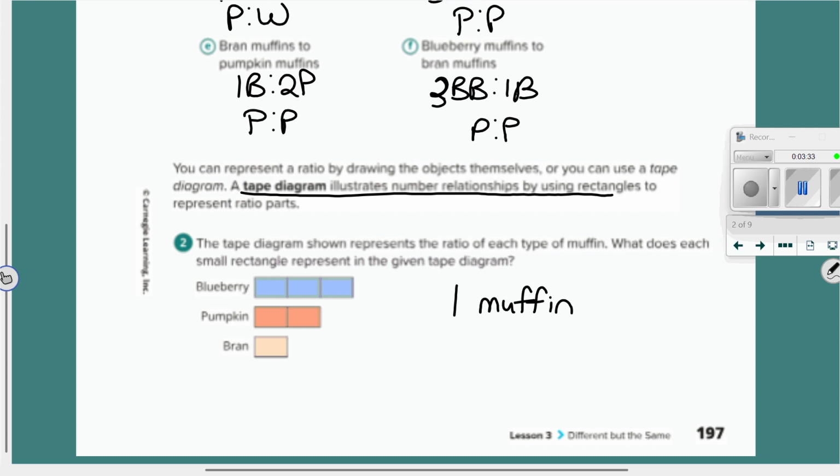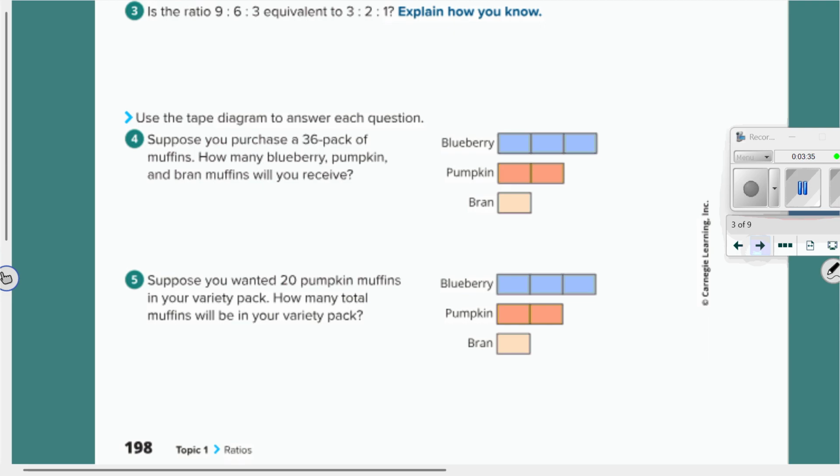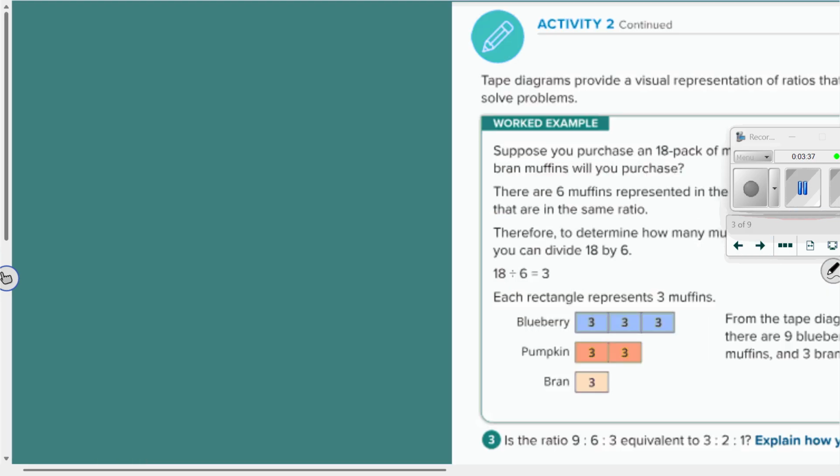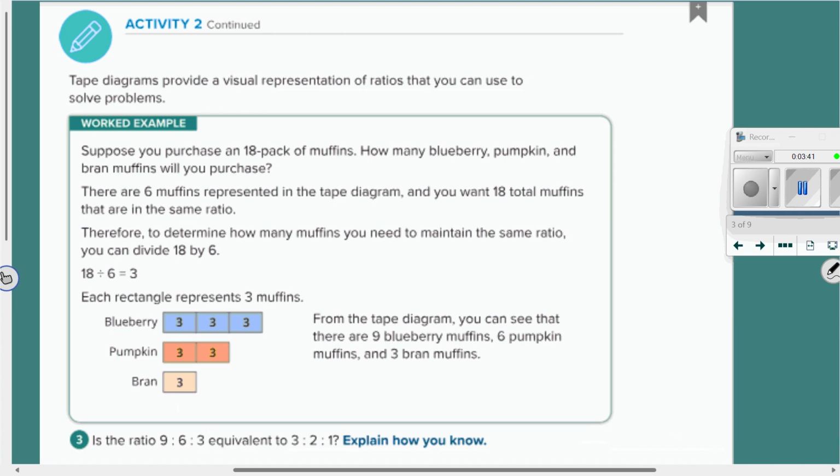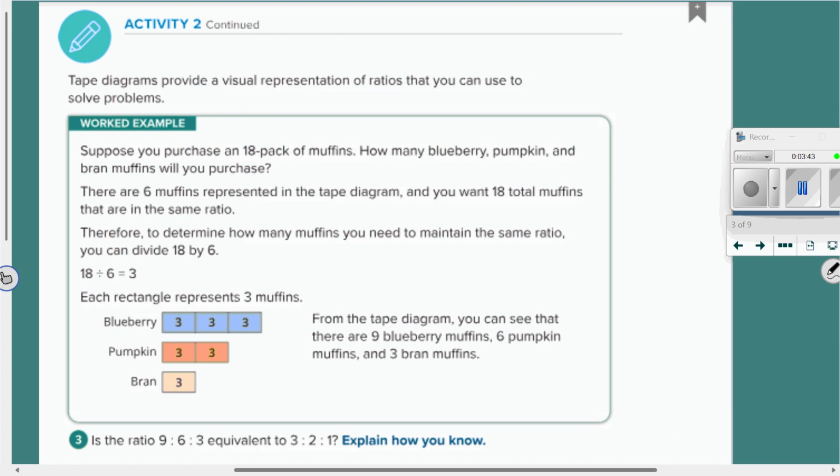All right, so let's look at the next page. It says, suppose you purchase an 18-pack of muffins. How many blueberry, pumpkin, and bran muffins would you purchase? So remember, they only sell them in packs of 3 blueberry, 2 pumpkin, 1 bran.